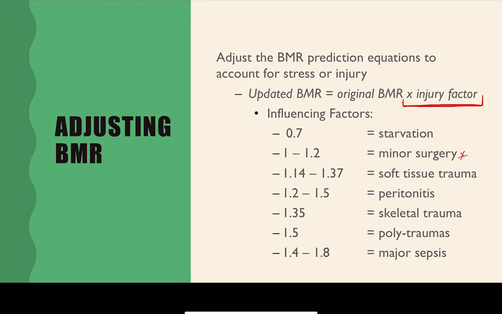It might just be slightly above their predicted BMR. Skeletal trauma might rank it up a little bit. So you can get a feel for how much more energy the body is requiring just for all those hidden processes behind the scenes. And since BMR is 60 to 75% of our total energy expenditure, this can be a significant change when something has affected BMR.